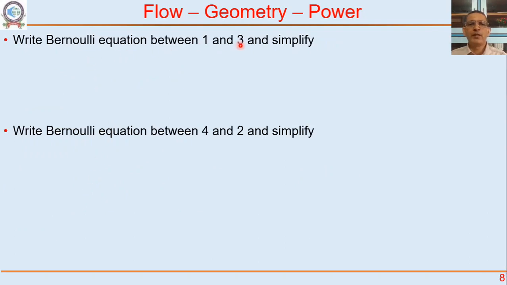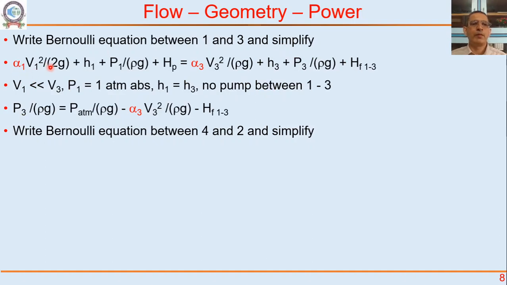So we write Bernoulli equation between 1 and 3 and simplify. Alpha 1 V1 square by 2g plus H1 plus P1 by rho g plus HP equals alpha 3 V3 square by 2g plus H3 plus P3 by rho g plus HF between 1 and 3, because we are writing Bernoulli balance between 1 and 3.